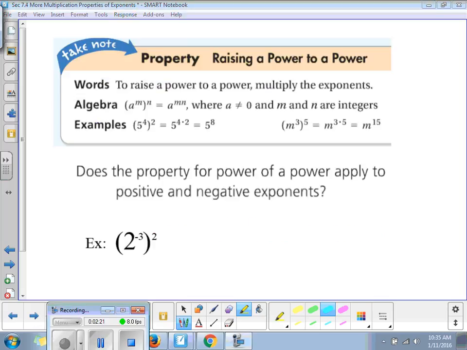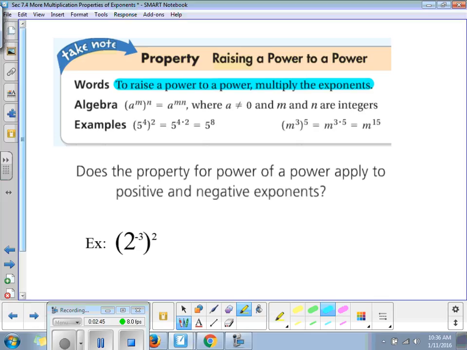So, the property of raising a power to a power: to raise a power to a power, we multiply the exponents. Make sure you have that written down. You multiply the exponents. So, if you have a to the m raised to the n, it would be a to the m times n.